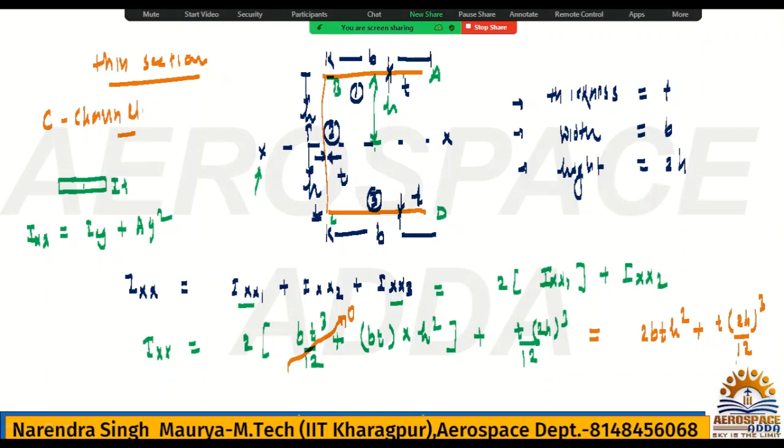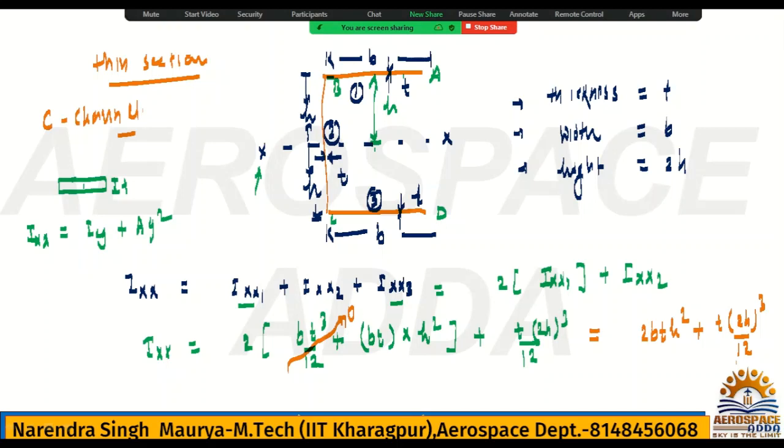For any thin section approximation, the higher order of thickness becomes 0. I have taken this example because for the C channel, shear center has been asked many times, so moment of inertia is definitely required. You should remember this moment of inertia for the C channel. Hope this is clear to you.